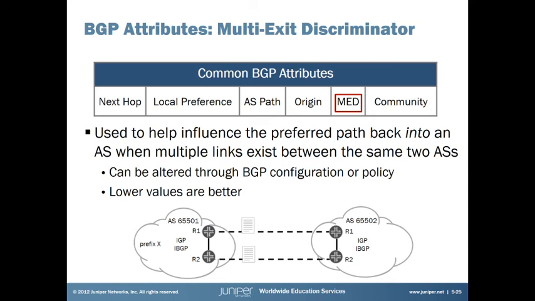I control that using the MED attribute. So with this attribute, we can put it in configuration, or we can put it in policy. When the route is advertised to my ISP, both from my branch and from my head office, the MED attribute is advertised with those routes.